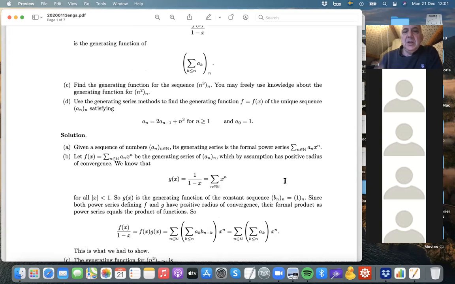The idea to solve it using generating functions is that we multiply such an equation by x power n and add them up, so that after this addition of infinitely many such equations, the left-hand side would be the generating function for the sequence a_n.